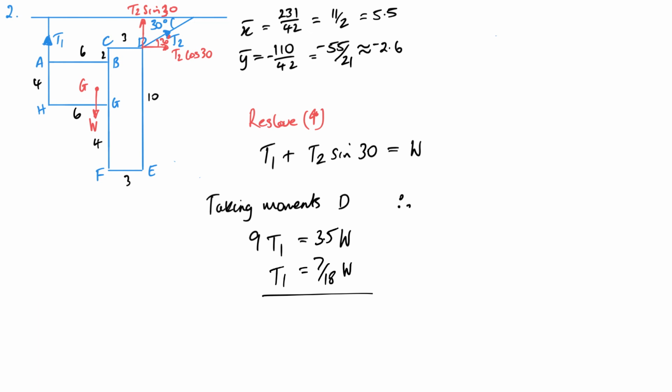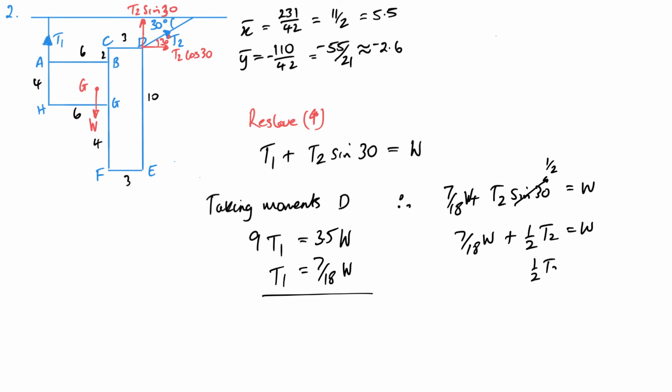Therefore, we've got 7 over 18 W plus T2 sine 30. Well, sine 30 is a half, isn't it? I missed out that W there because that is very important.